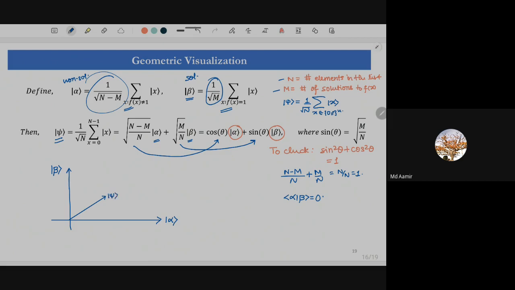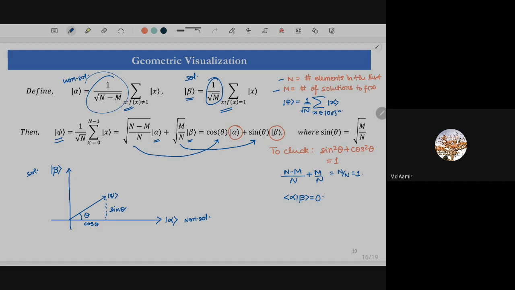If we look at the angle here, this one is theta, this part is cos theta, and the vertical part is sine theta. So this is the graphical representation of this psi state based on the solution and the non-solution axis.